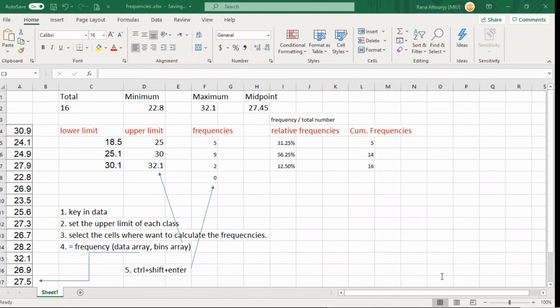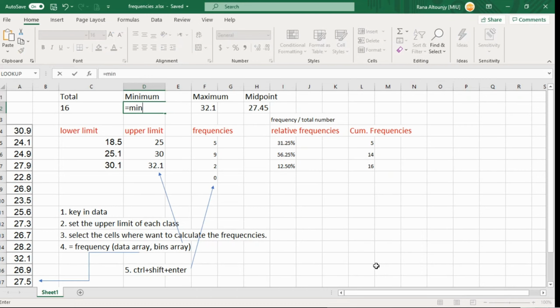Then we need to find the minimum number. How to find the minimum number? We just put equal min, M-I-N, then we select the range of data.